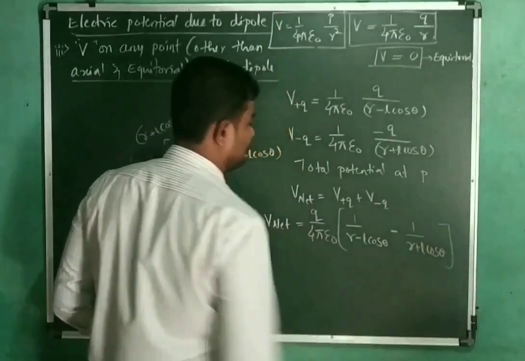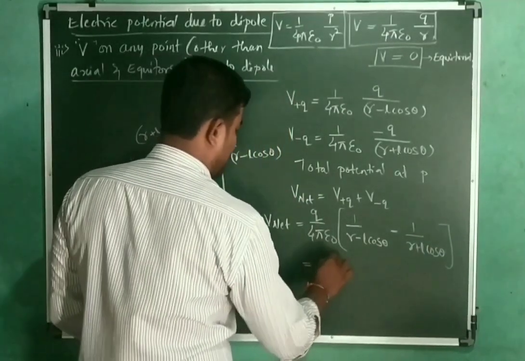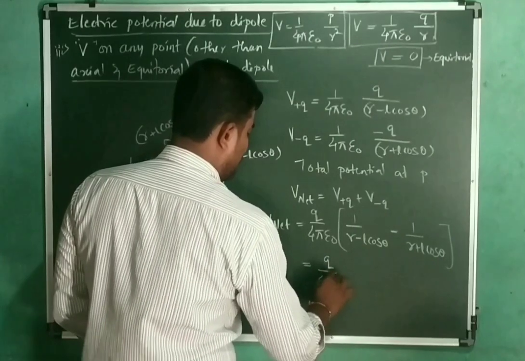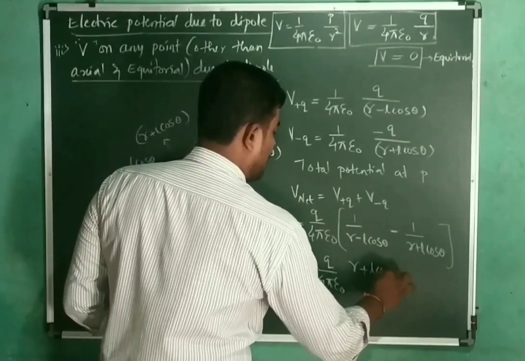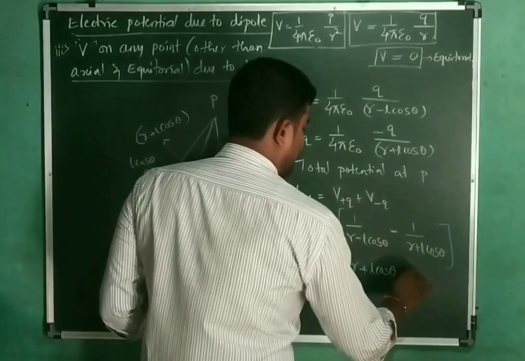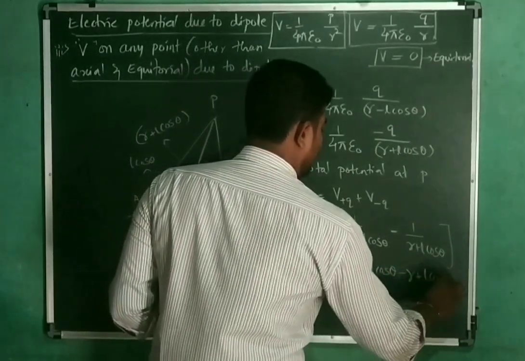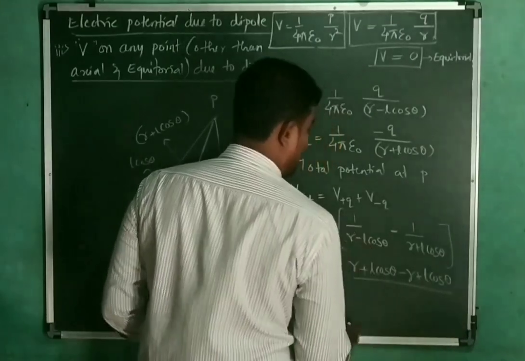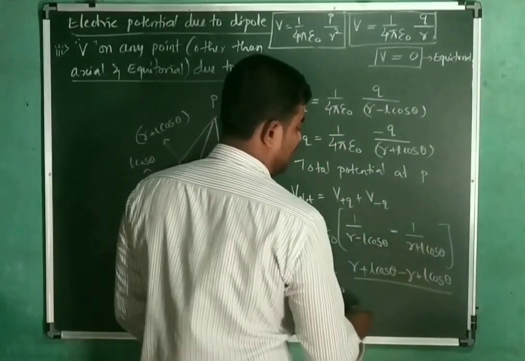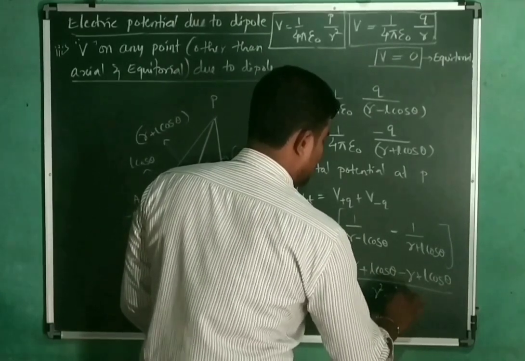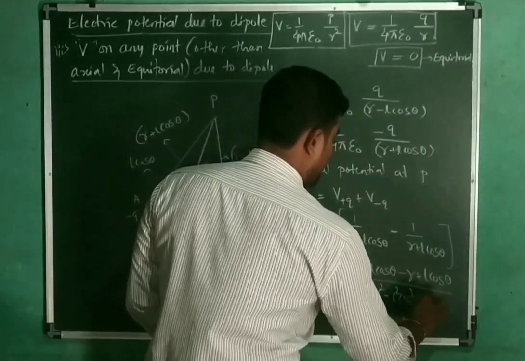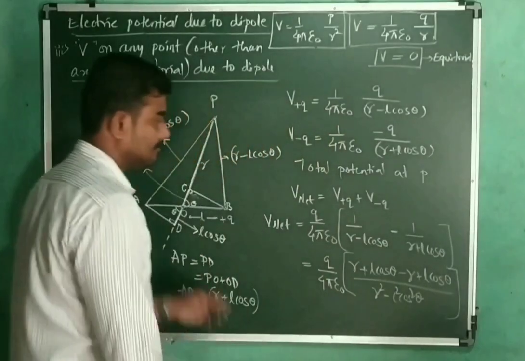I can write it as Q divided by 4 pi epsilon naught, times R plus L cos theta minus R minus L cos theta, divided by R square minus L square cos square theta, since A square minus B square is in the form of A plus B times A minus B.